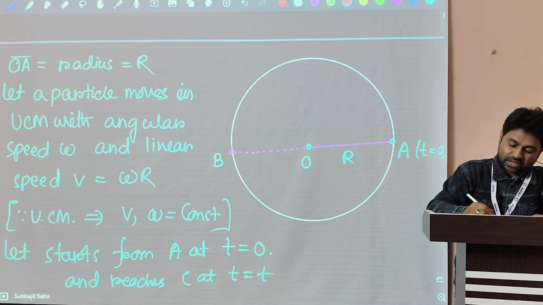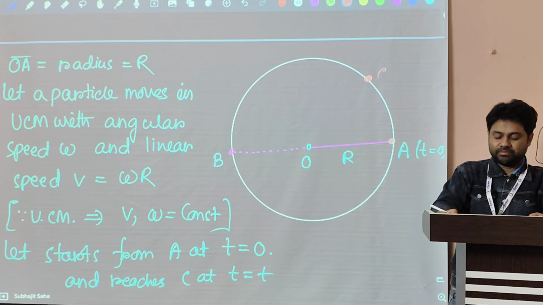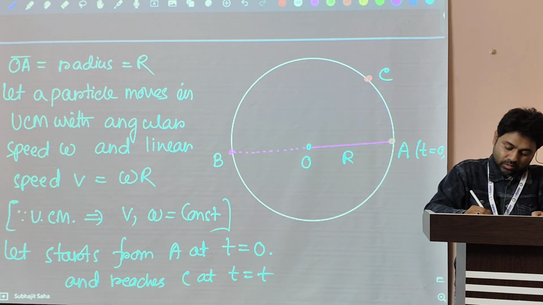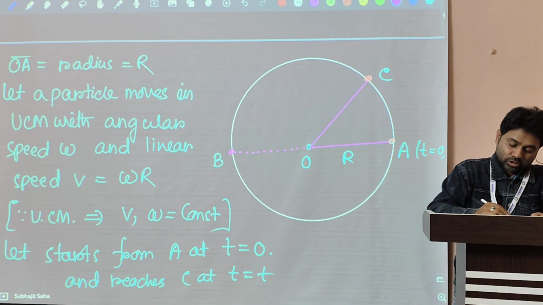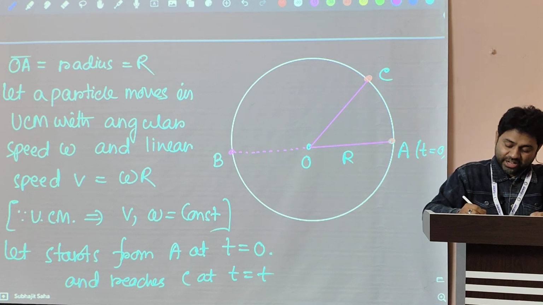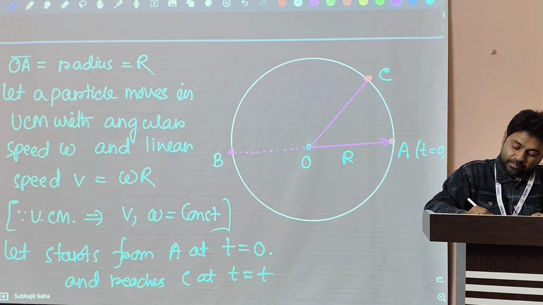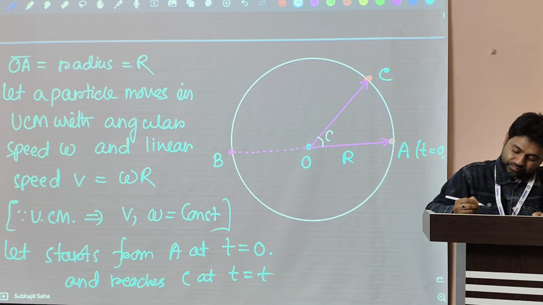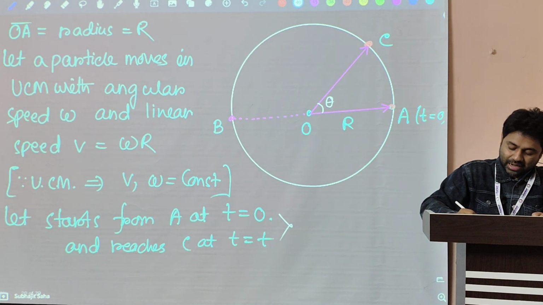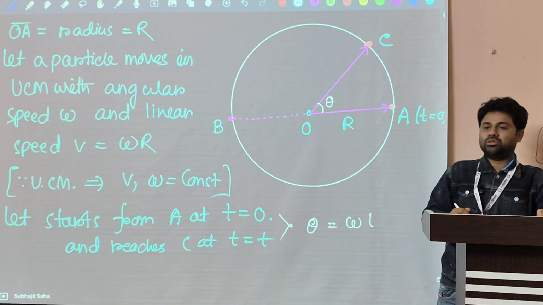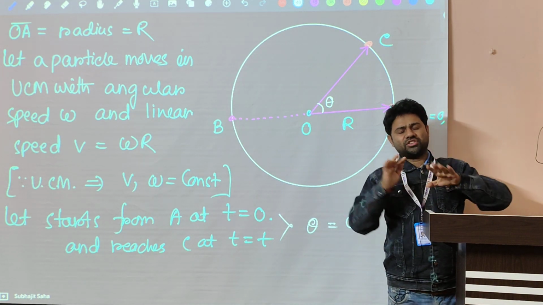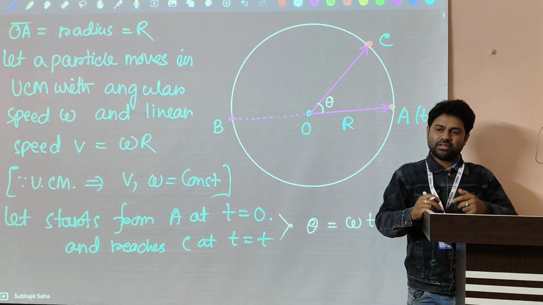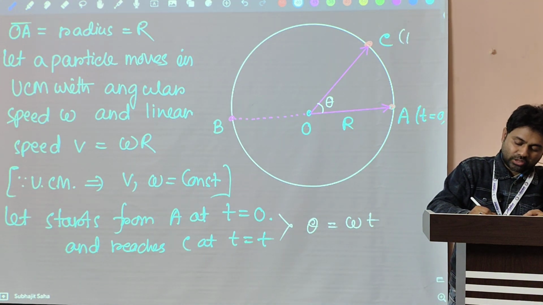Say C point is located somewhere on this circle, say here, that's point C. So position vector of the particle has changed from OA to OC. The angle so formed by the particle, say theta. So theta can be written as omega times t. Omega is angular speed, the angular distance the particle covers in 1 second is omega, so in t seconds it will be omega into t, that is theta. The particle is at C at time t equal to t.